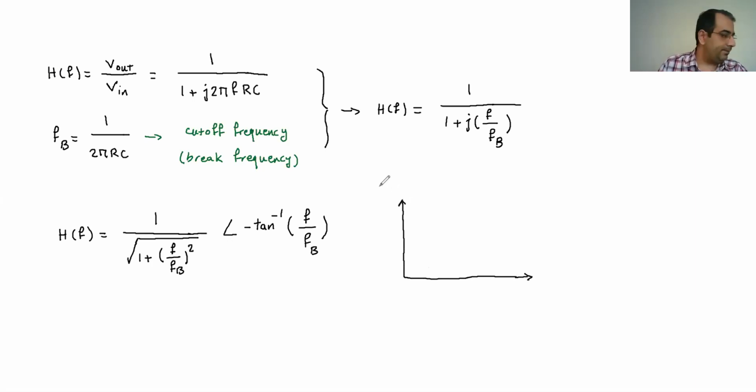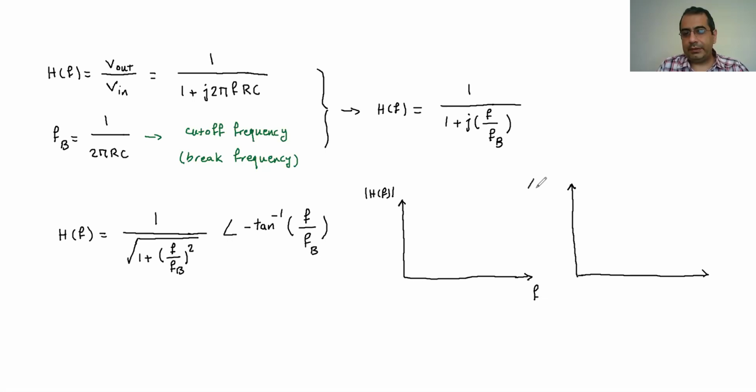It's going to be the magnitude of HF with respect to the frequency, and then the angle of HF. Here I plotted as a frequency.